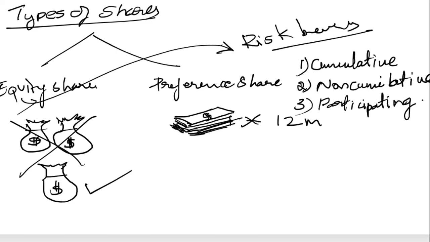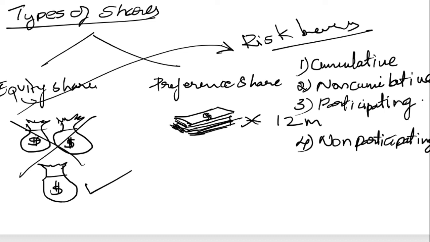All right. The fourth one is non-participating. What do you mean by non-participating? There are no such privileges for non-participating shareholders.